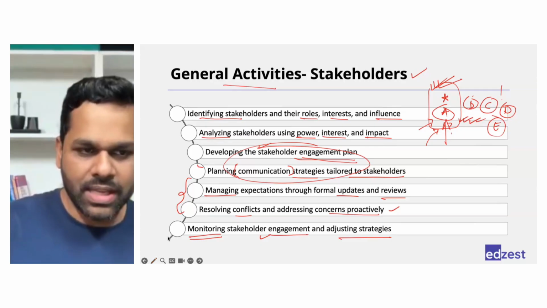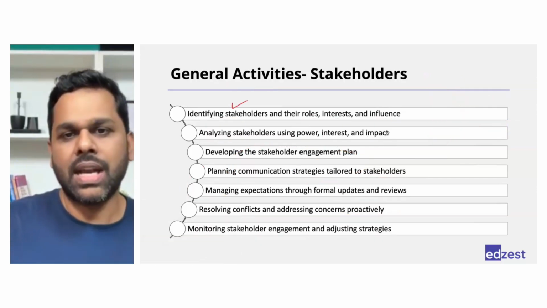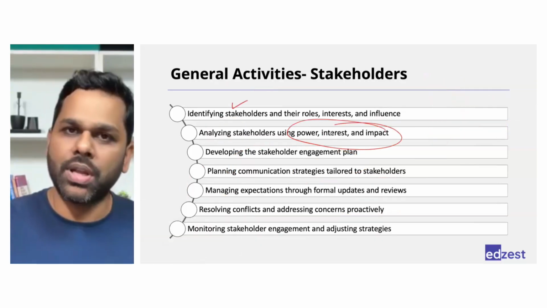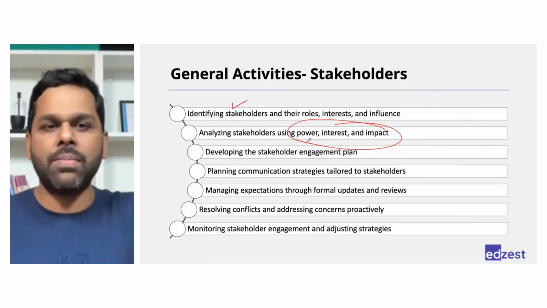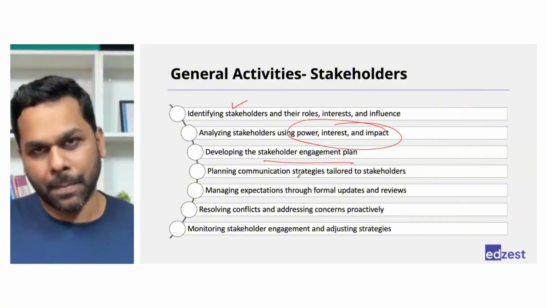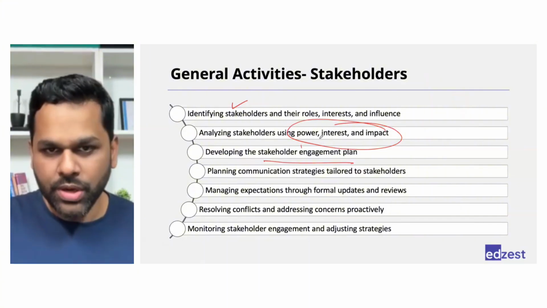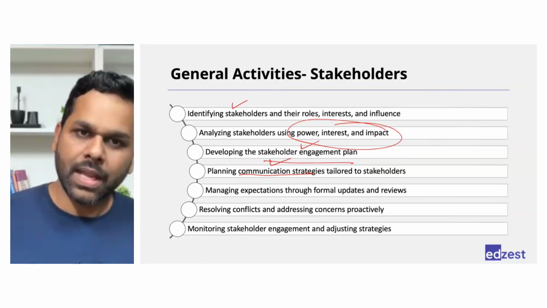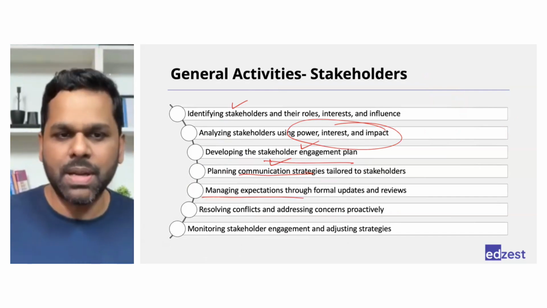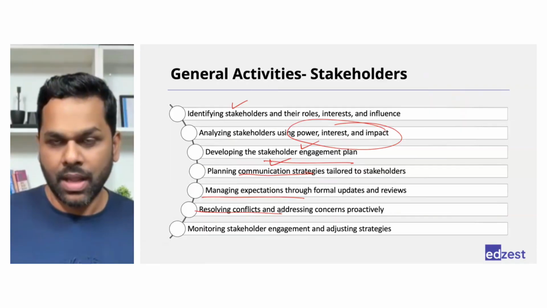Right? So identify the stakeholders, understand what type of impact they can create in the project, what are their expectations. Based on how they will impact, how you will impact them, develop a plan on how you are going to engage with them, how you are going to communicate with them. Right? Then whatever your plan is, implement that plan, which means manage the expectations, resolve the conflicts, everything.